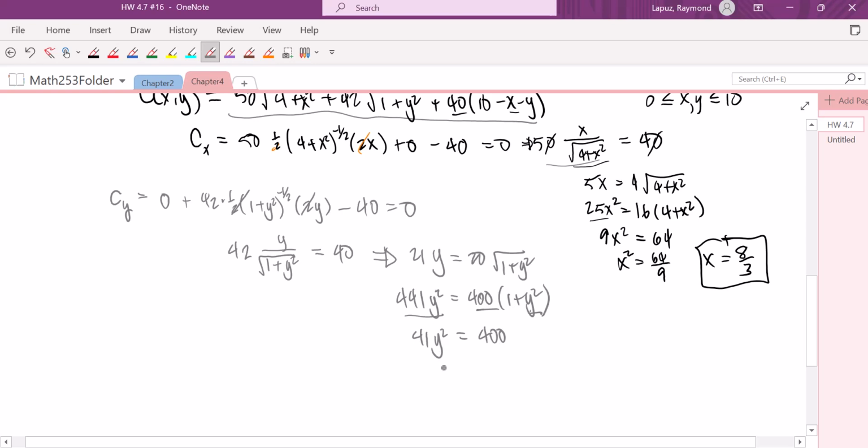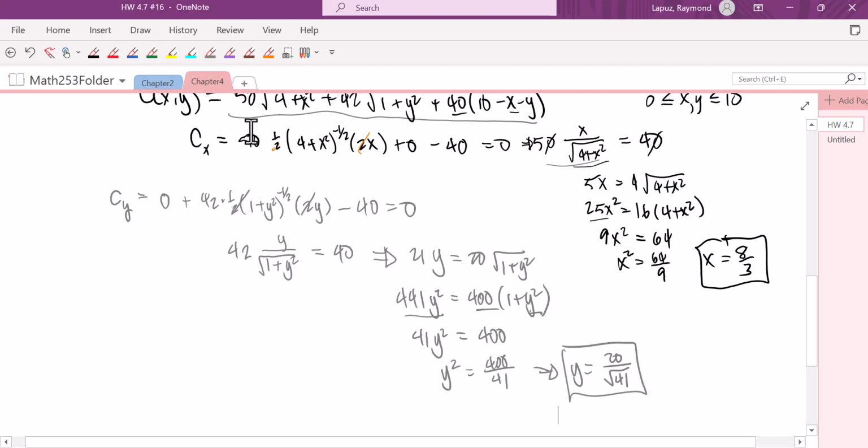We'll solve for y squared, 400 over 41, and the square root of 400, I believe, is 20. So y is equal to 20 over the square root of 41. And here's our y value.